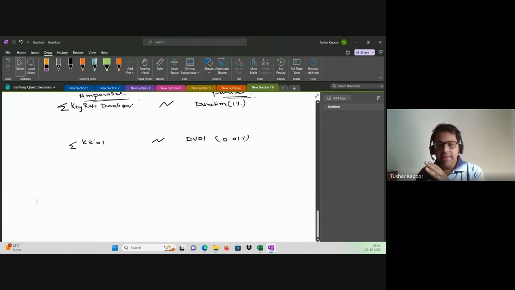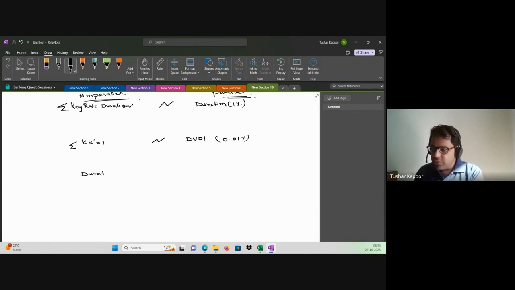Now, does that mean that the formulas that we did for duration and DV01 are going to change? We discussed that duration is equal to minus 1 by the bond price multiplied by change in bond price by change in yield. This was the formula we did for duration.